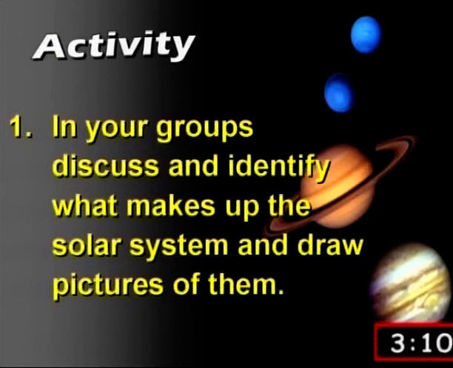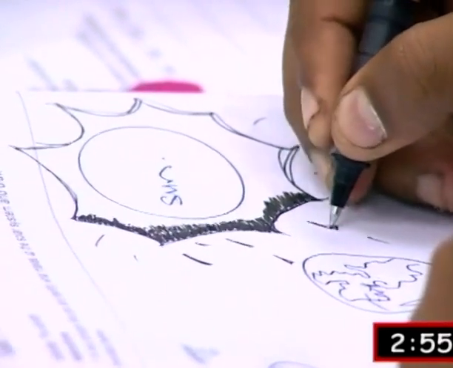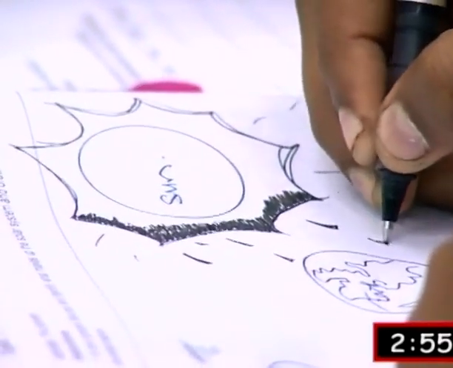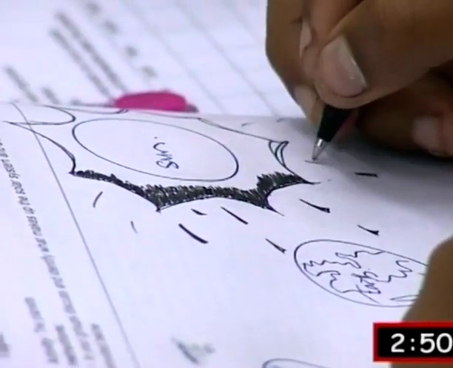Right, you should come up with maybe 2 or 3 pictures drawn in your book. Okay, good. We have the sun already. Solar comes from the word sun.